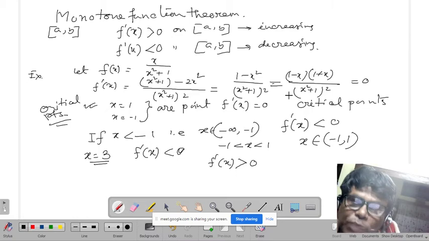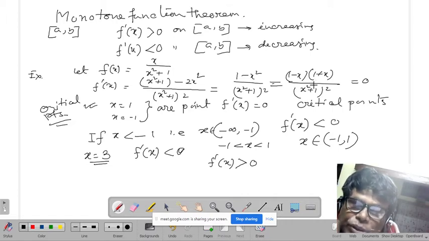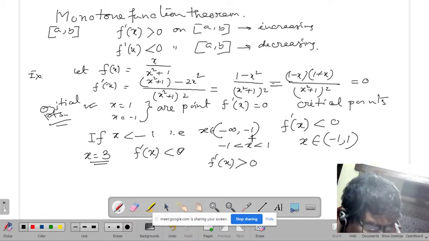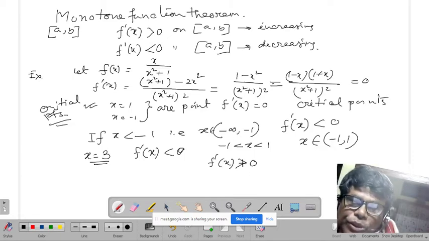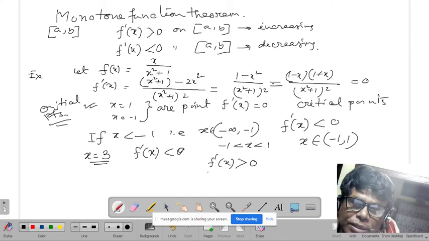Put x equal to 1.1, it is again positive. Similarly, if you put any value between minus 1 and plus 1, f dash x is greater than 0.